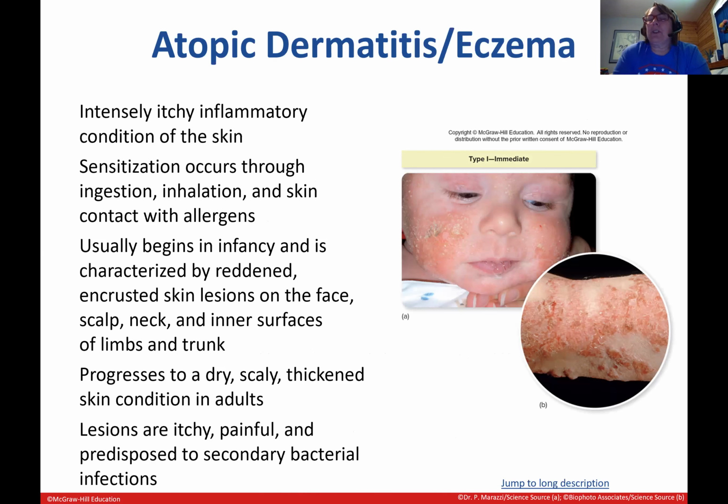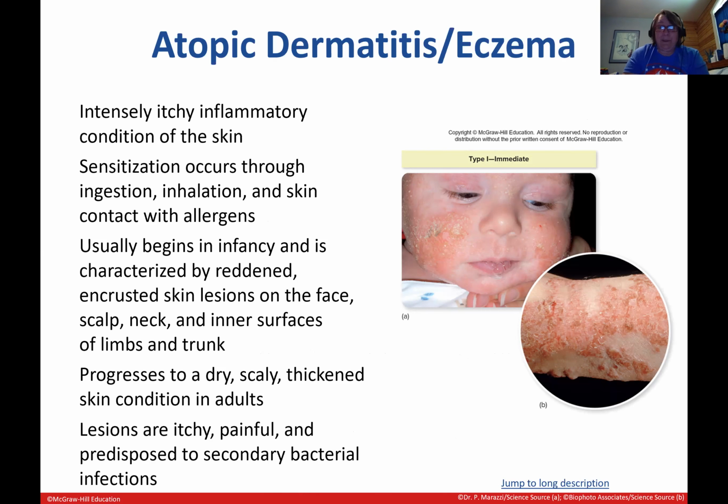Okay, so atopic dermatitis is another type of allergic reaction, and this is a really itchy, inflammatory skin condition. Typically, sensitization occurs through ingestion or inhalation or skin contact with allergens.